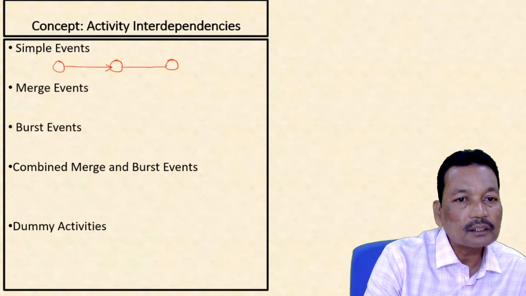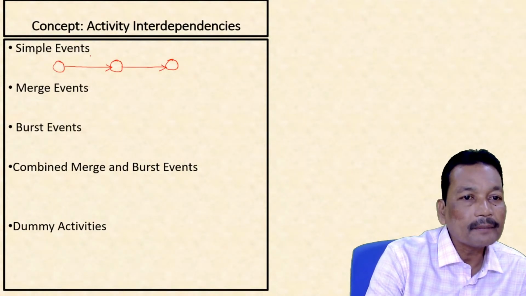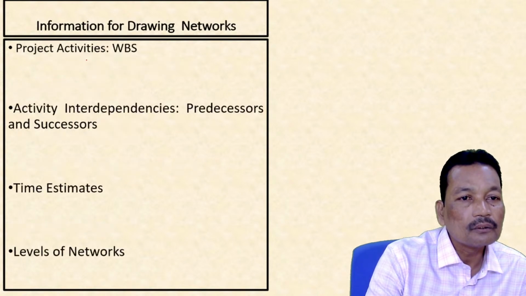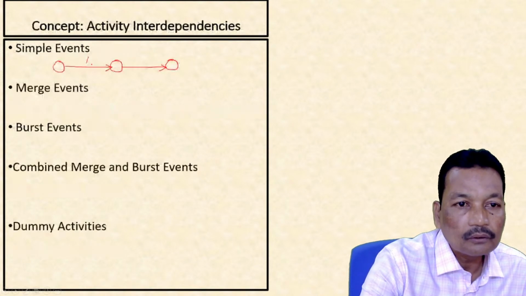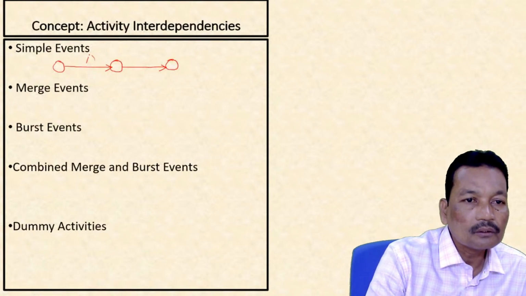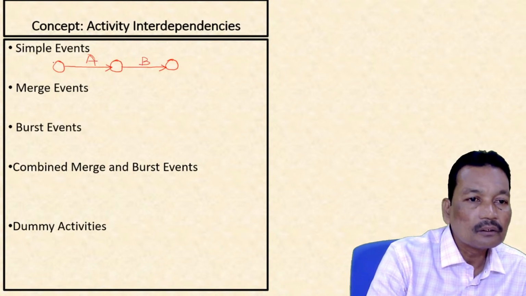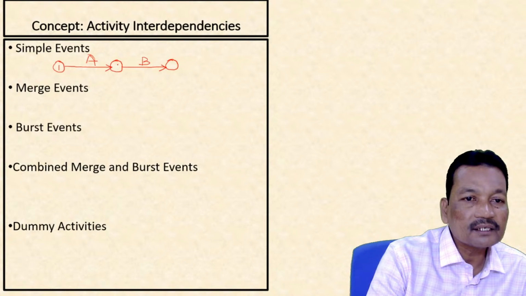Suppose in the network, I have a particular, these are the events 1, 2, 3.